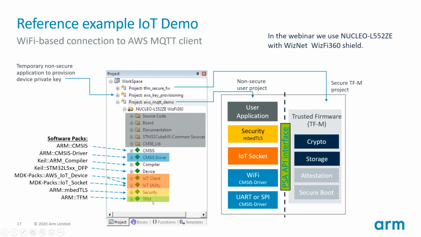So we don't use anything else. Of course, we don't use any of this functionalities because they are running in the secure area, but it just uses the API to access the TFM functionalities.